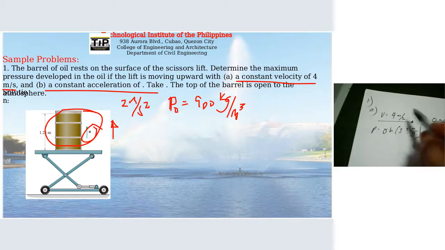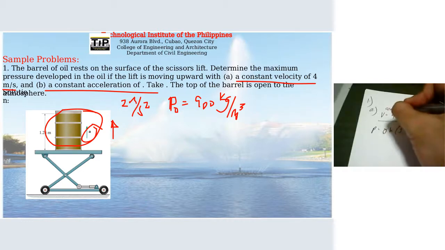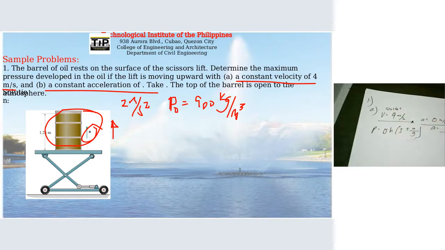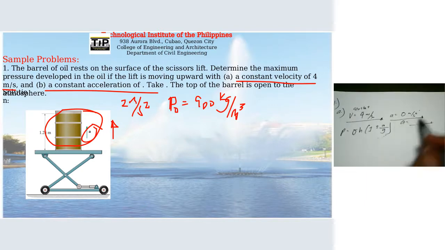So, again, we have a constant velocity, then we have no rate of change of velocity. So, acceleration is 0. Okay?